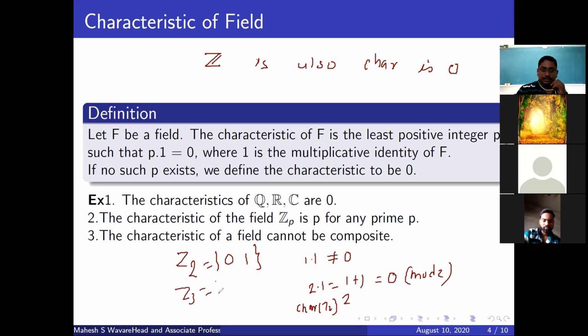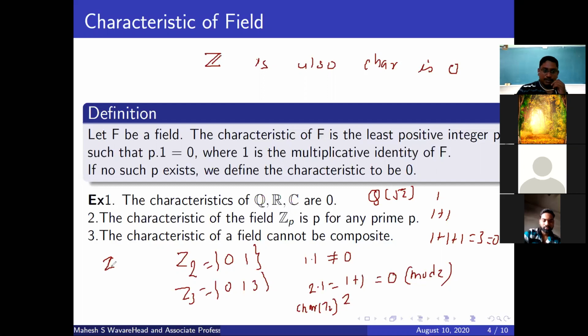One can see Z3 easily. Minimum how many times can one add this 1? You just start from 1, and if it is not possible then you can take 0 into 1. These are the 3 examples. You may have this example also: Q(root 2) is also a field having characteristic 0. And in Z3, 3 times 1 becomes 0.